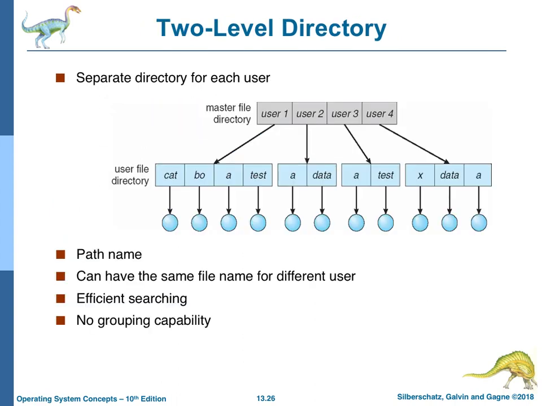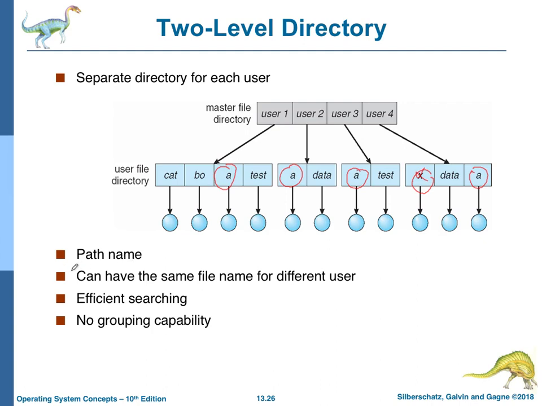To resolve this issue, we have a two-level directory. Now we can have the same names here. We can see that we have the same directory name for all users, and different types of files for each user inside the A directory.